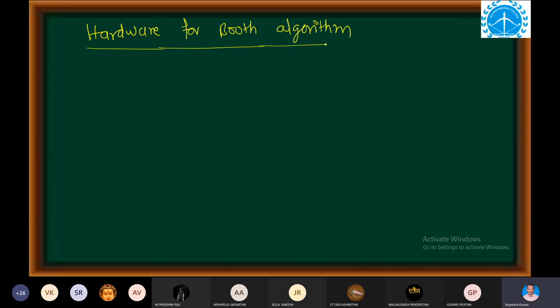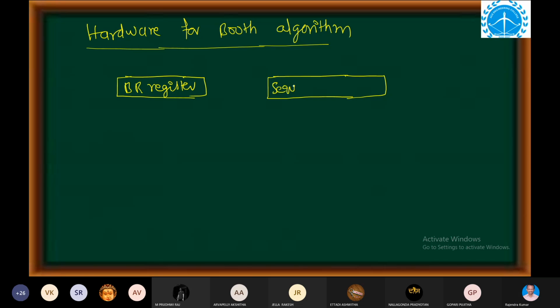So what is the hardware behind this? We are taking one register, the BR register, and another register which is a sequence counter. Then, as usual, we have another block: the complementer and parallel adder.